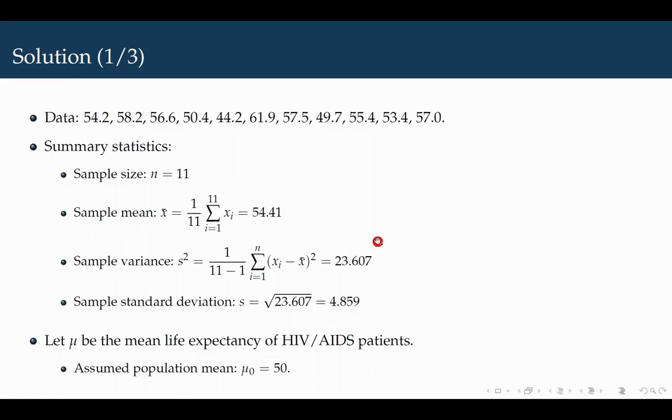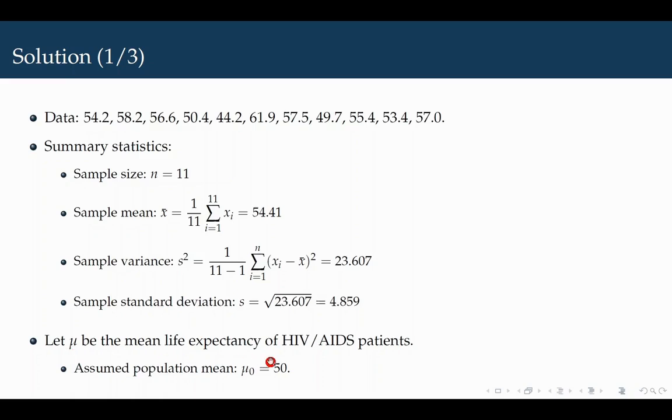So based on this data, we have obtained these summary statistics, specifically the sample size, the sample mean, and the sample standard deviation. So here the parameter of interest is the mean life expectancy of HIV patients, or population mean life expectancy of HIV patients, and that is denoted by the Greek letter mu.